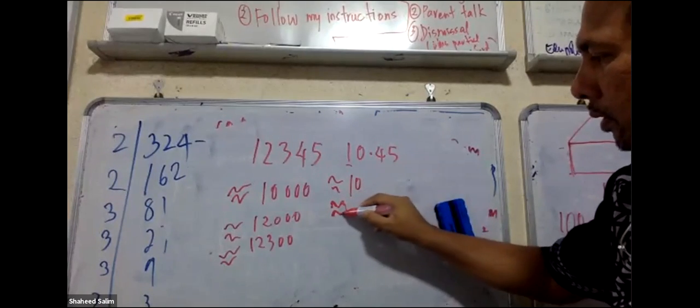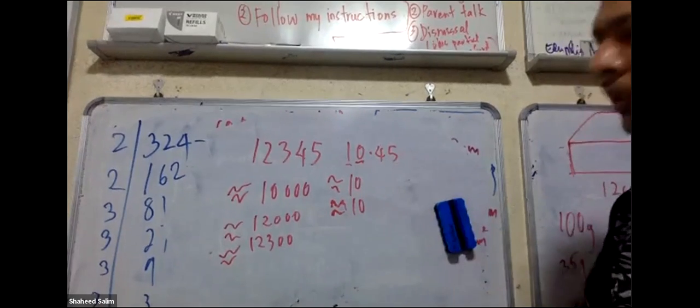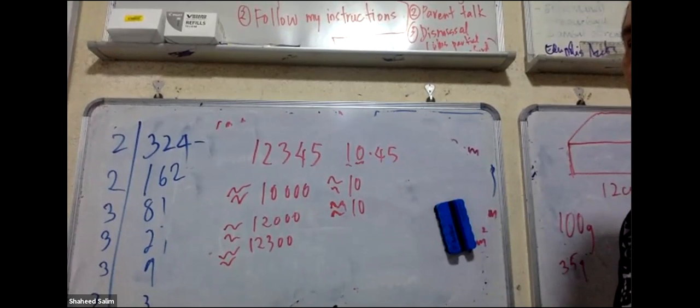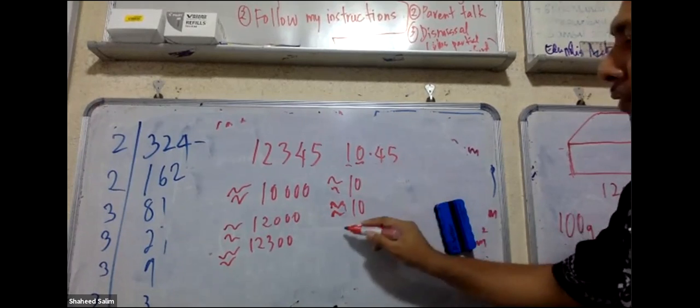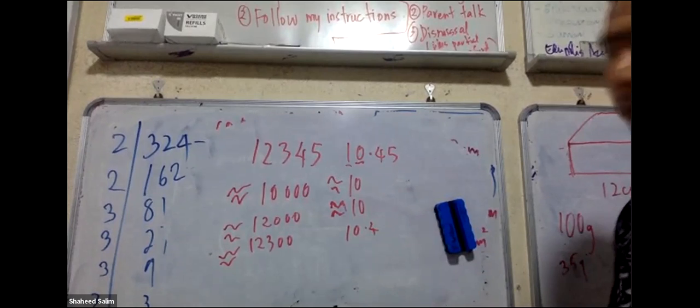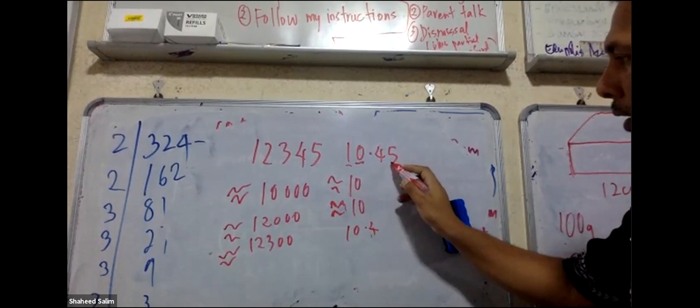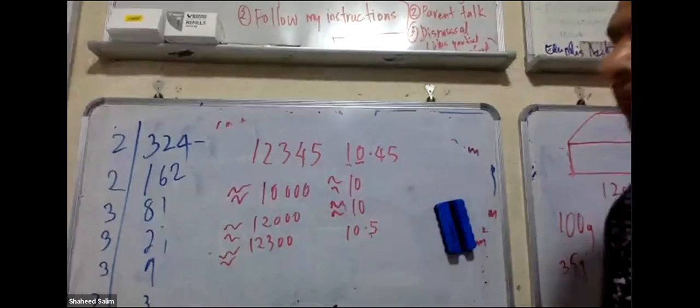Two significant figures? 10.4. No, just 10 also. Take the first two. It's also 10. Three significant figures, then it's 10.4. 1, 2, 3. But is it 10.4 or 10.5? You look down here. 10.5. So three significant figures, 10.5.